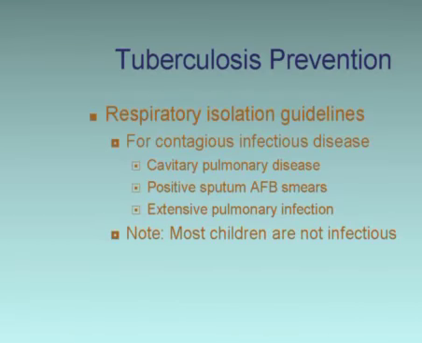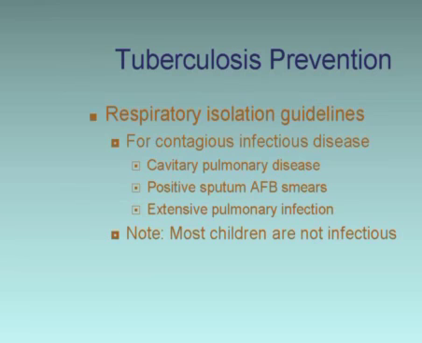Adults are more contagious than children. If you have pulmonary TB, you're much more contagious than somebody with extrapulmonary TB. And most patients with extrapulmonary TB aren't contagious at all. So if somebody has cavitary lung disease, apical pulmonary TB, they are very contagious. If you have positive sputum, they're also contagious.